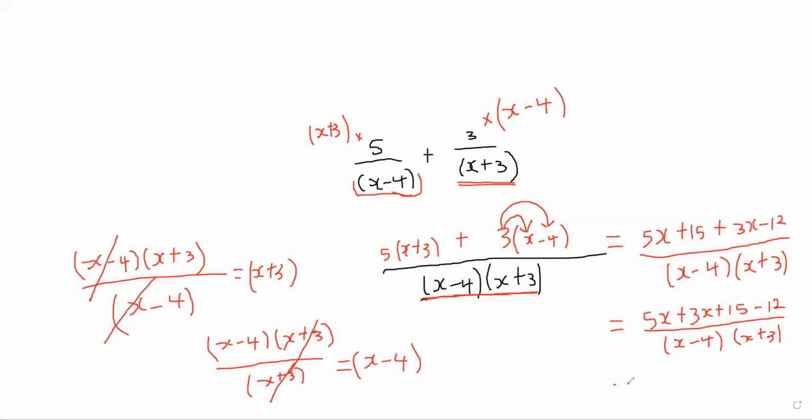Good. Remember we did all of this. So the 5x plus the 3x will give me what? 8x. And then we have 15 minus 12, which will give me 3, right? So it could be 8x plus 3 divided by x minus 4 times x plus 3.